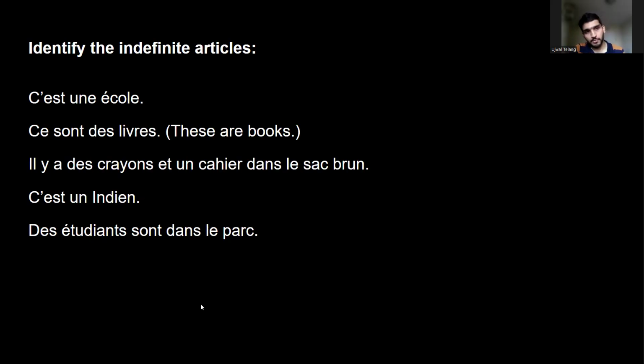Here's an exercise to identify the indefinite article. It's pretty simple, I guess, based on the lesson that we've just covered. First sentence, c'est une école. This is a school. C'est une école.